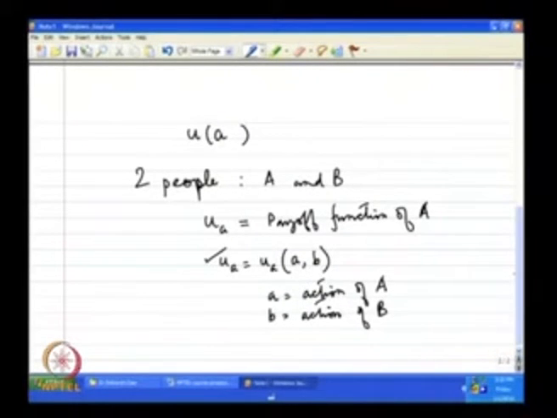It is being affected by small b also. And if B changes, that affects the utility of A.